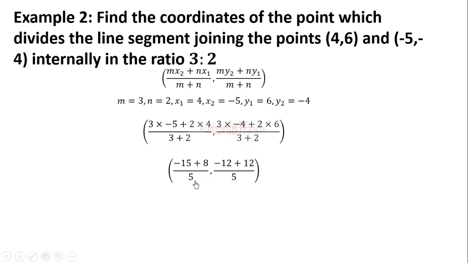Now, let's simplify. This will give us negative 7 over 5, and this will give us 0 over 5. So we have negative 1 whole number, 2 over 5, and 0. So that is the coordinate of the point which divides (4, 6), (-5, -4) in the ratio 3:2.